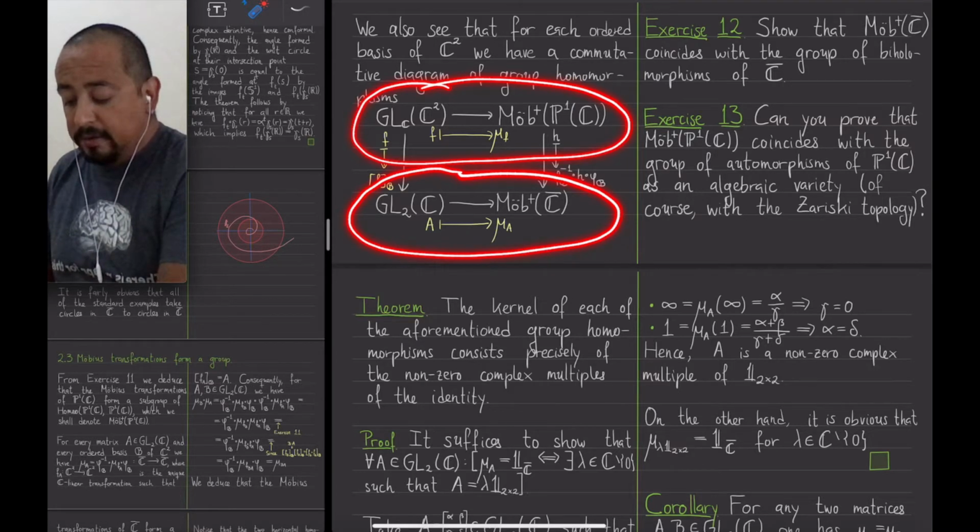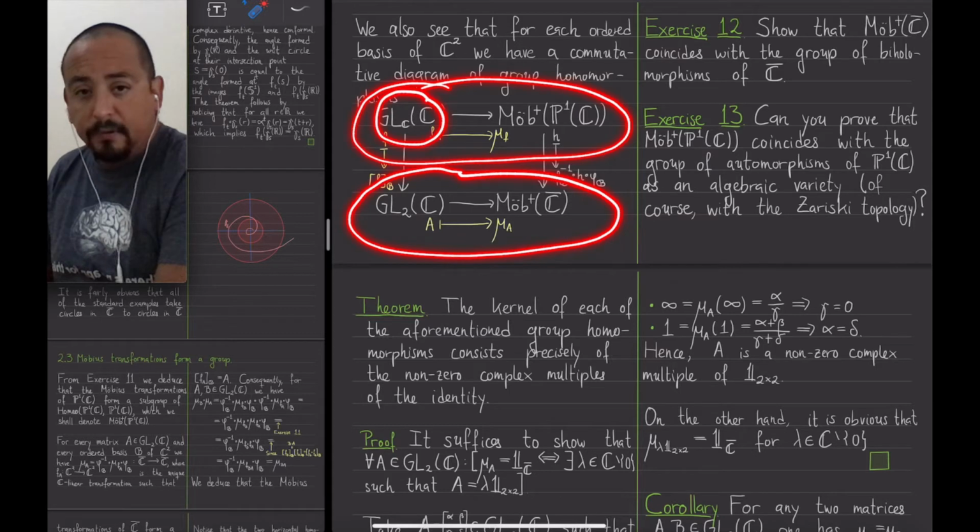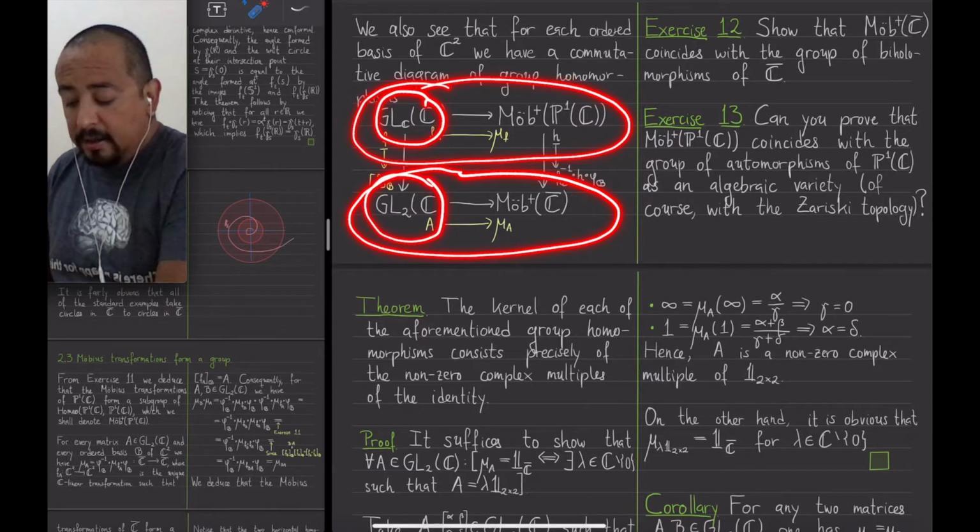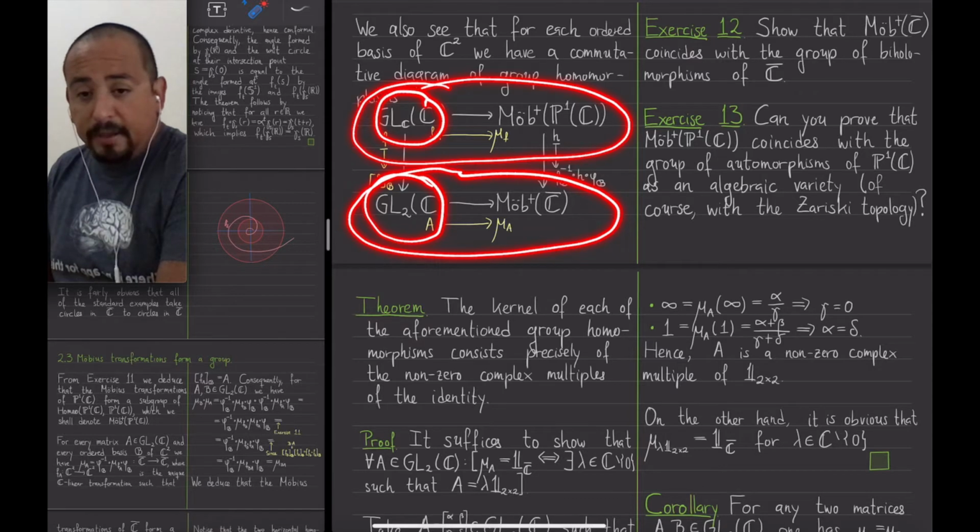In other words, here it would be all the linear maps of the form lambda times the identity with lambda a non-zero complex number, and same thing here: the matrices of the form lambda times the identity matrix for lambda a non-zero complex number.